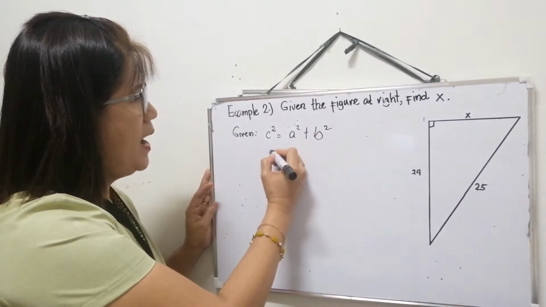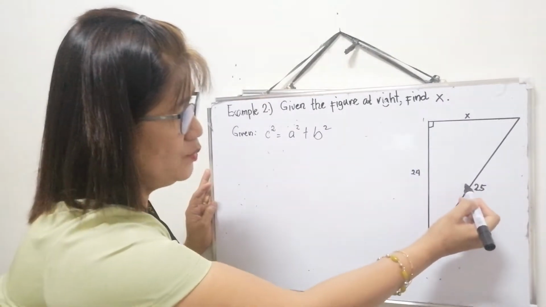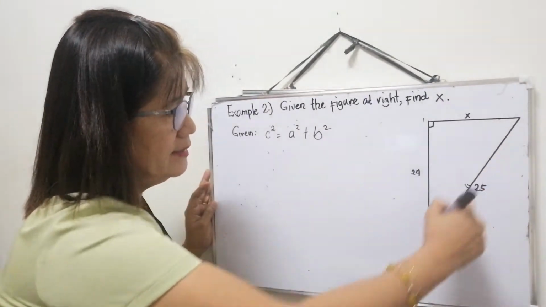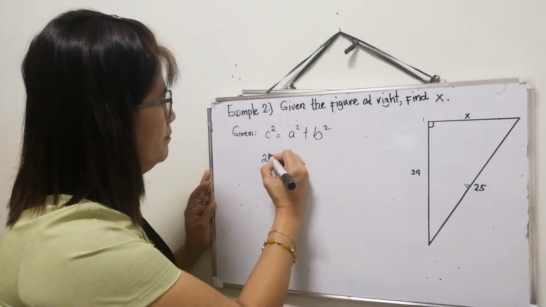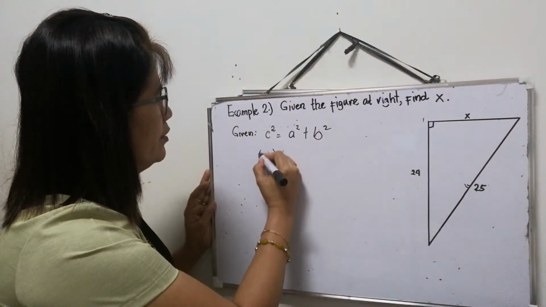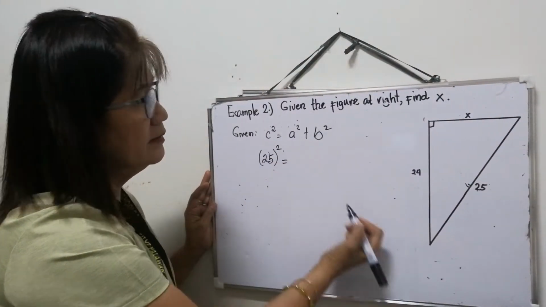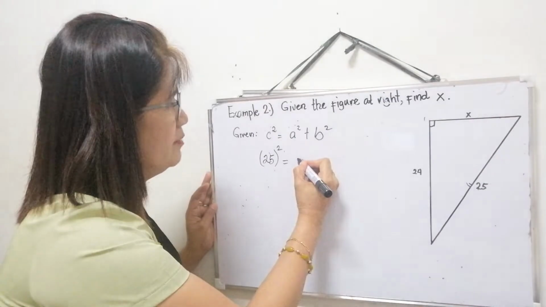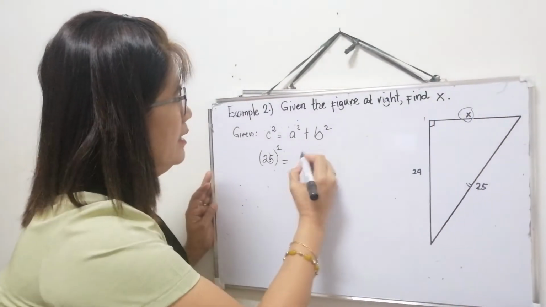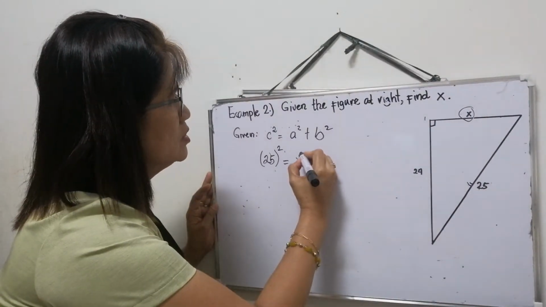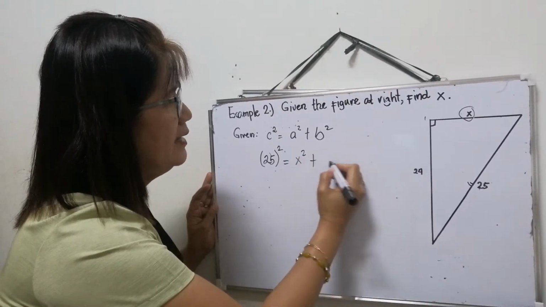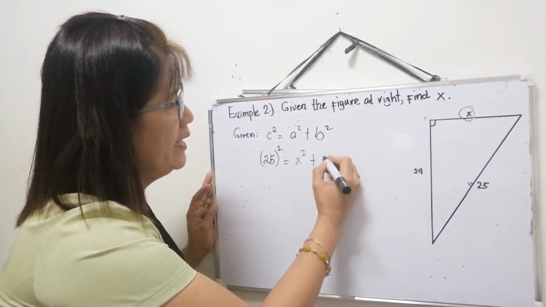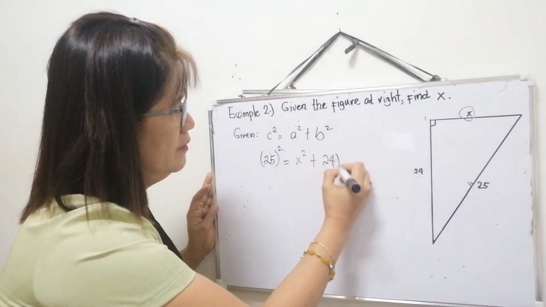Our C, the hypotenuse, is equal to 25, so you are going to square that. Then, yung shorter leg natin ay missing. Gamitin natin yung letter X. So, X squared plus our longer leg, which is 24.